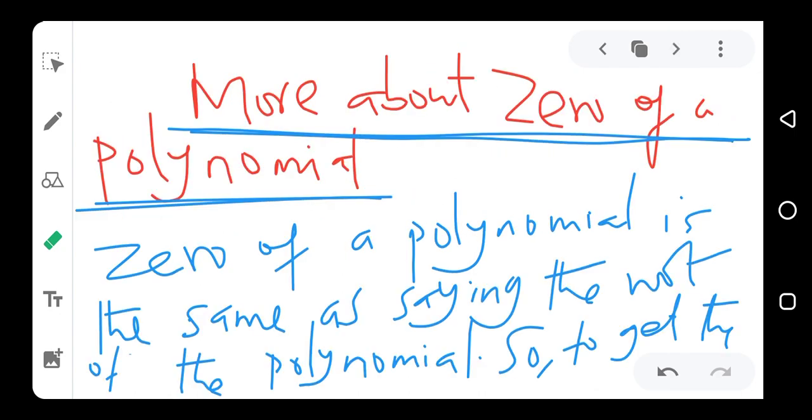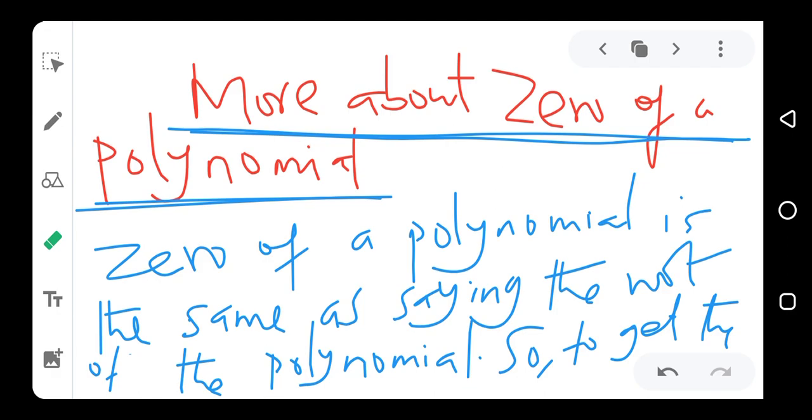Now we just say a small thing again about the zero of a polynomial. The zero of a polynomial is the same as the root of a polynomial.